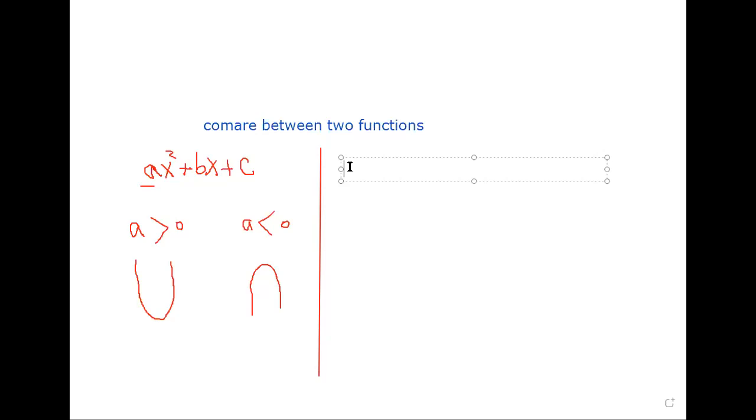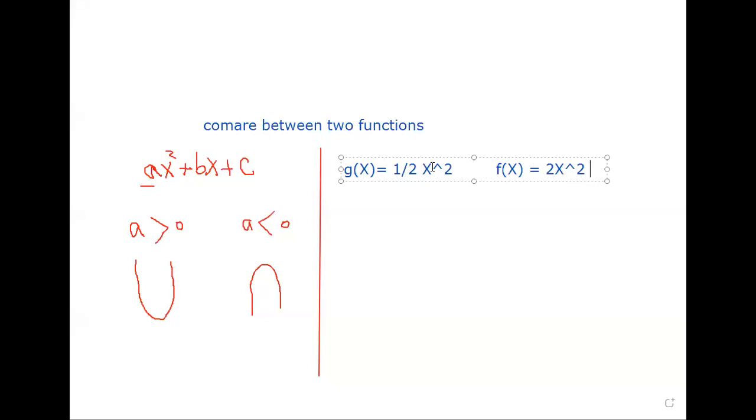For example, if I have g of x equals half x to the power of 2, and I have f of x equals 2x to the power of 2, what do you have to care about if you want to compare?